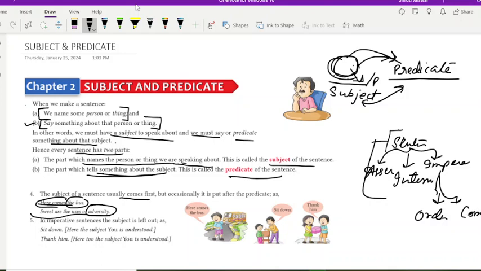So in imperative sentences, the subject is left out. For example, if I'm telling you 'sit down' or 'shut up', I don't say 'you shut up'. We don't use that. We always face you and say 'shut up.' Either your mother says to you 'go bring the glass of water.'